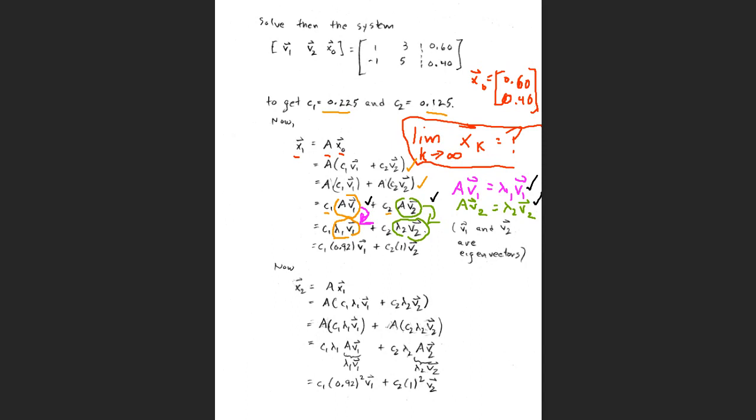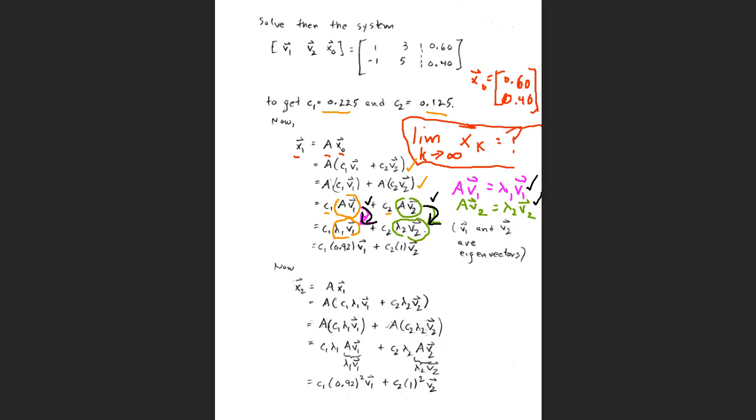Good, they're eigenvectors of the matrix A. What are lambda 1 and lambda 2? Those are eigenvalues of the matrix A. That's right. So we can do this. We can substitute for A times V1 lambda 1 times V1. We can substitute for A times V2 lambda 2 times V2.